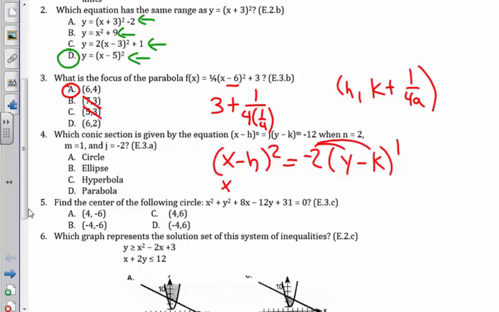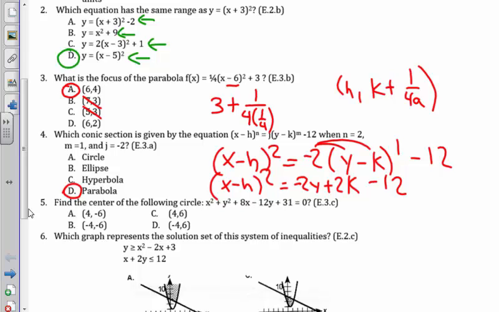So we've got x minus h squared equals negative 2y plus 2k. Oh, I forgot my minus 12 on the end of that one. So we've got minus 12. Now, I'm out of room here, but I think we can all agree that we can subtract the 2k from both sides, add 12 to both sides, and then divide everything by negative 2. And we would have something that looks like a parabola because we're going to have x minus h squared. The squared is telling us that it's going to be a parabola.